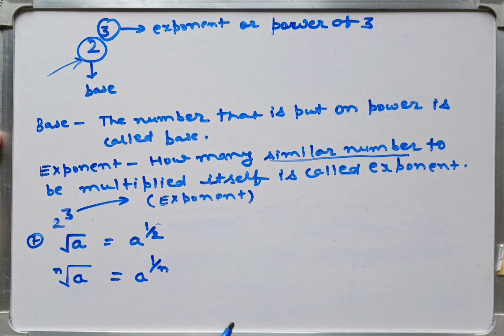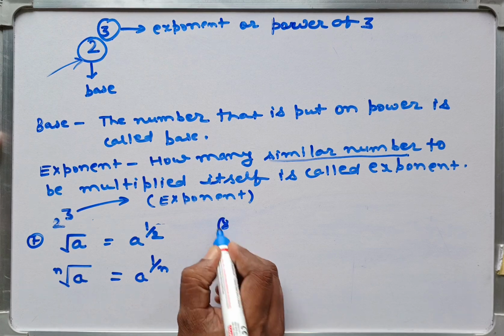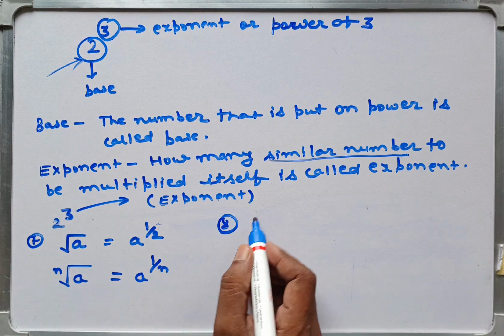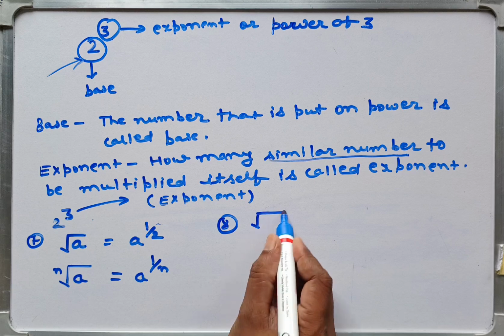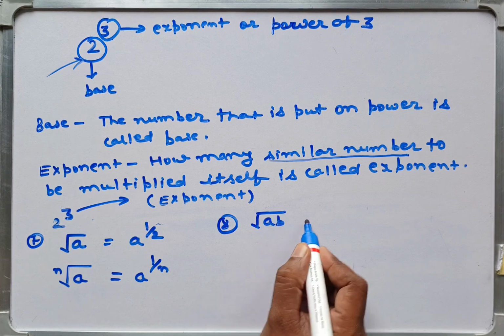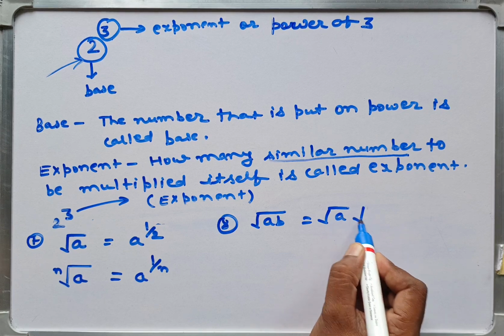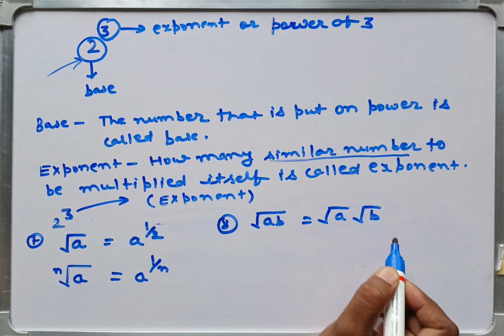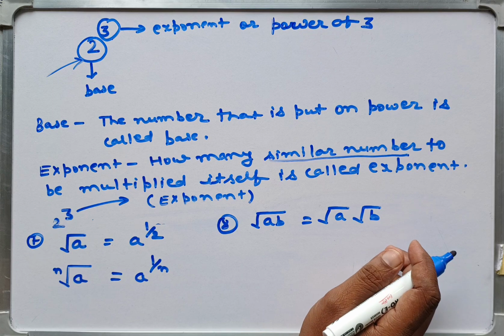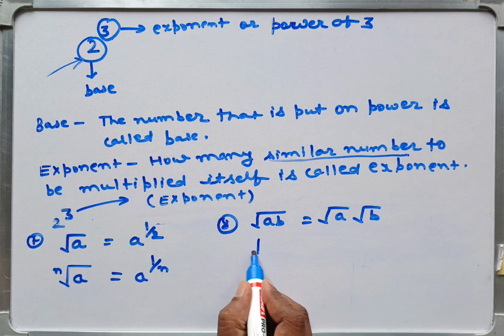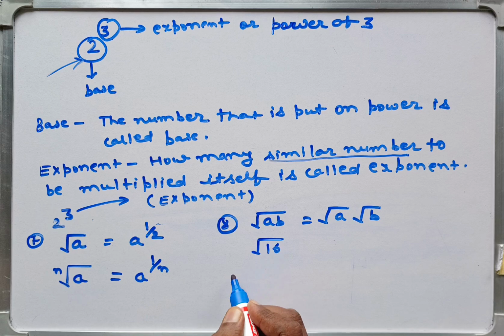The eighth rule, guys: suppose the root of ab is written. You can write it as root of a multiplied by root of b. Suppose here root of 16 is written.